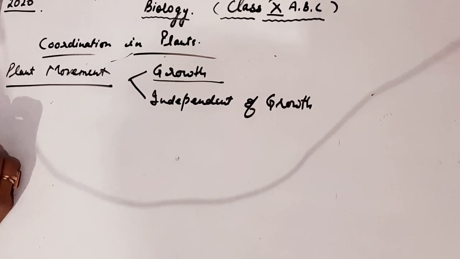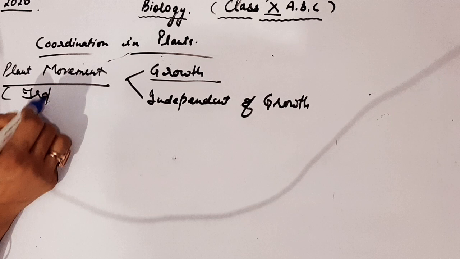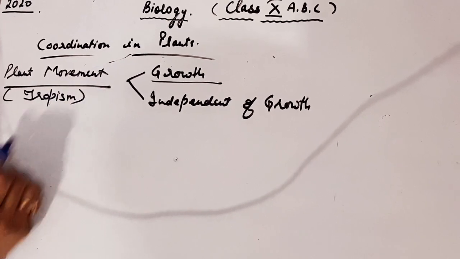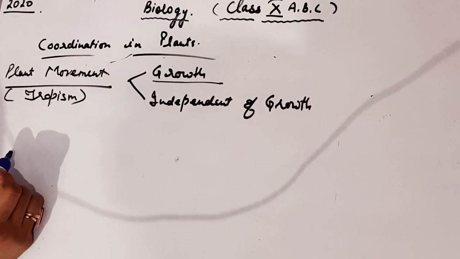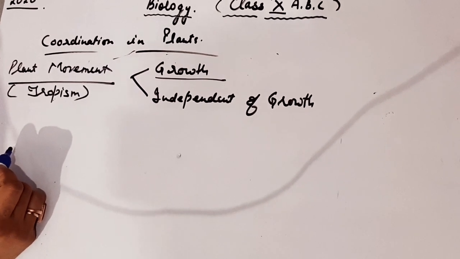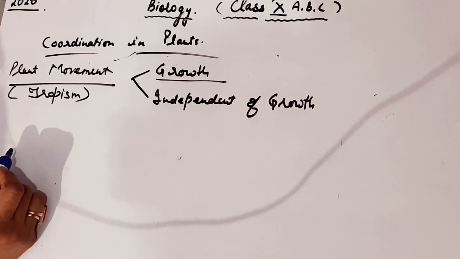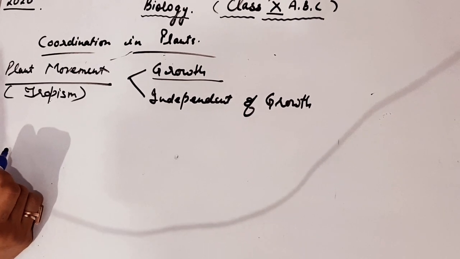There is a proper term given for plant movement, that is tropism. So if in the board exam a question is asked, what is tropism, then you are supposed to write: the movement of a plant in the direction of a stimulus or away from it is known as tropism.